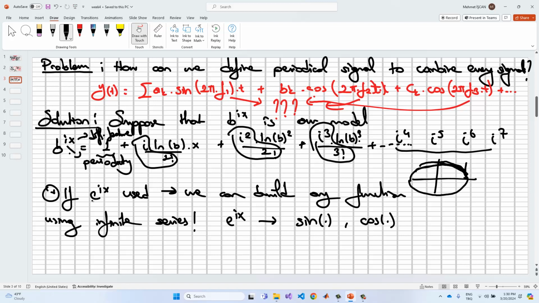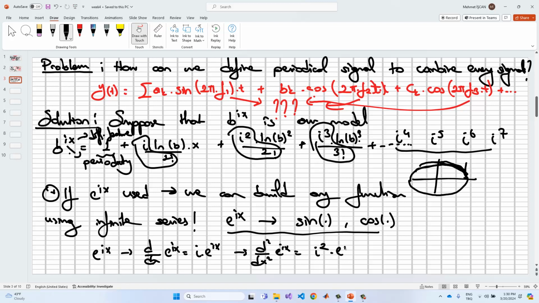At each case, we can take the derivative of this term: d/dx of e^(ix) is equal to i e^(ix), and the second derivative gives i squared e^(ix), then i cubed e^(ix), i to the 4 e^(ix), right?